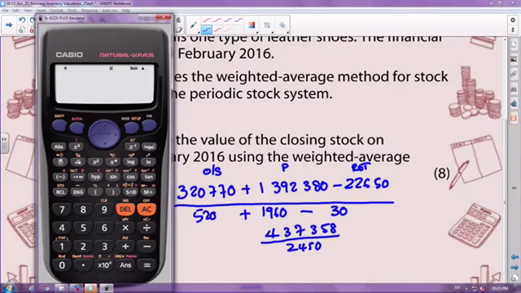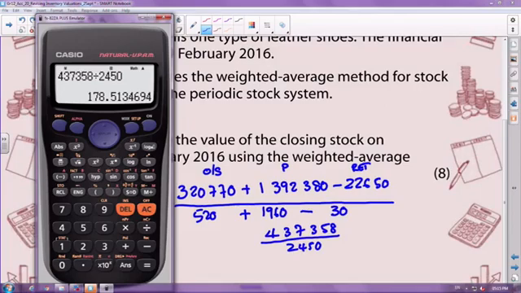I now do my calculation where I take 437,358 divided by the number of pairs of shoes, which is 2,450, and this gives you a value of 178,51.